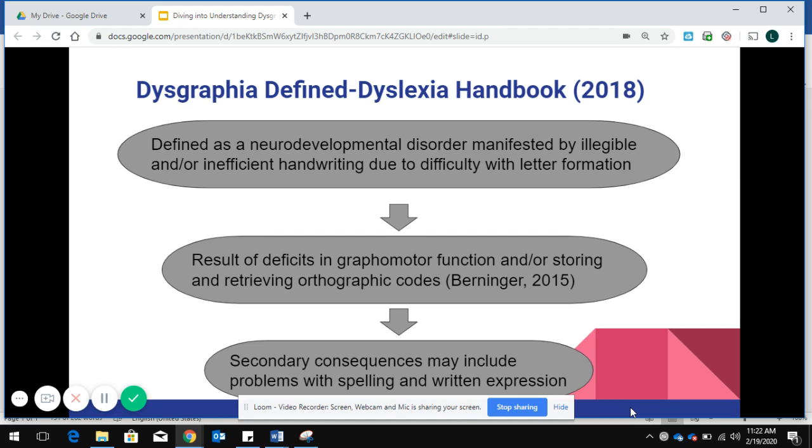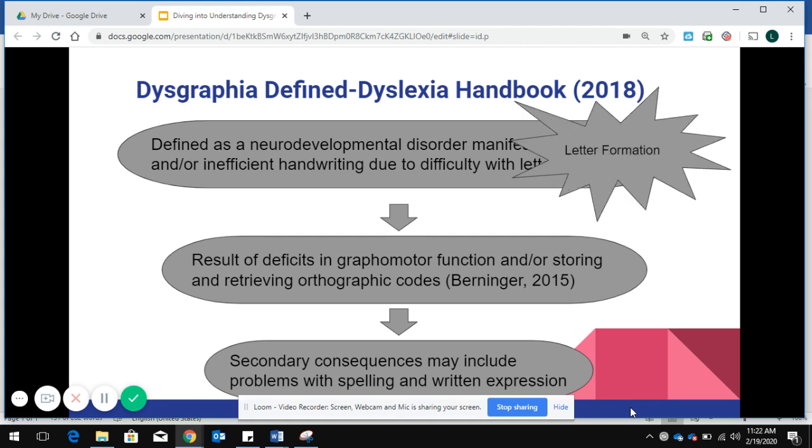So let's break down this definition so we can gain a better understanding of what dysgraphia is. In very simple terms, dysgraphia is a difficulty to write or form letters. Students with dysgraphia present with either illegible or inefficient handwriting due to that difficulty with letter formation.